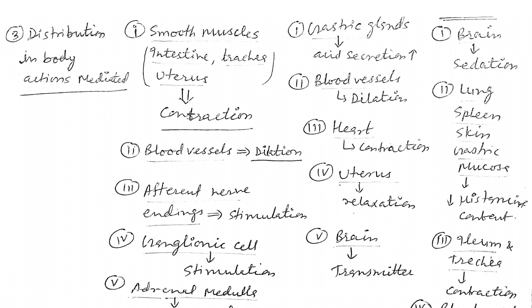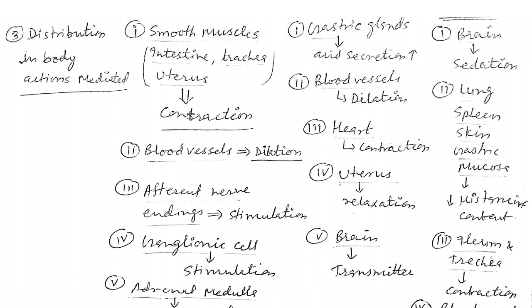Okay, so that's all on this topic, the histamine. This is one topic of this unit that we have covered: histamine, histaminic receptors and their distribution in our body. In the next class we will discuss the antihistaminic drugs.